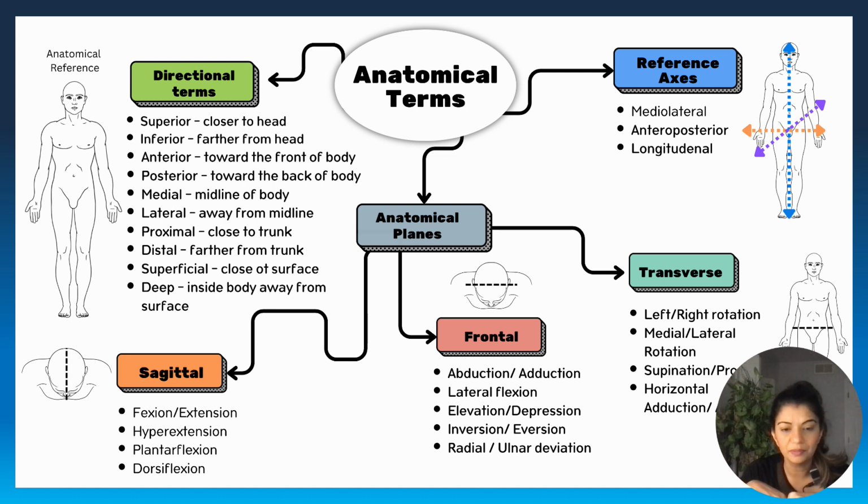And then anatomical planes, we've got the sagittal, frontal, and transverse. But under that, I've listed the movements that occur in those planes. So that's going to be really important. And if you wanted to, you could add down there the axes that are involved in those movements. So it can be a really good study tool to create mind maps like this.